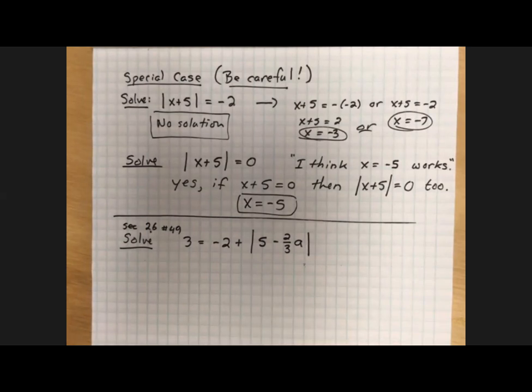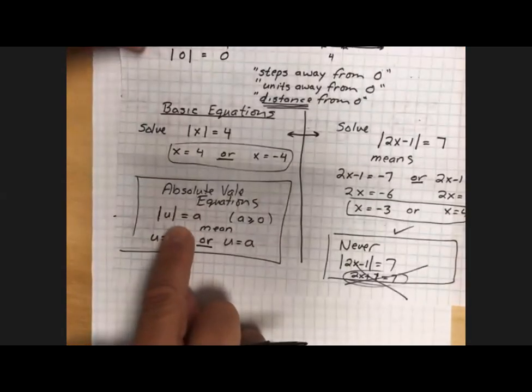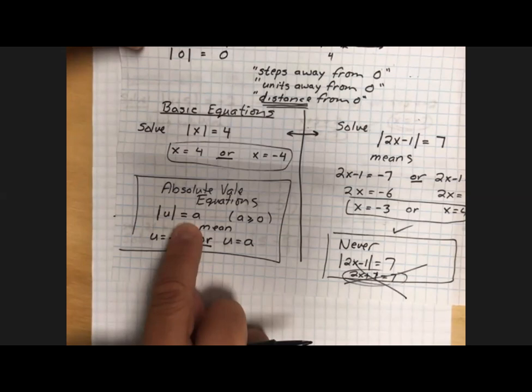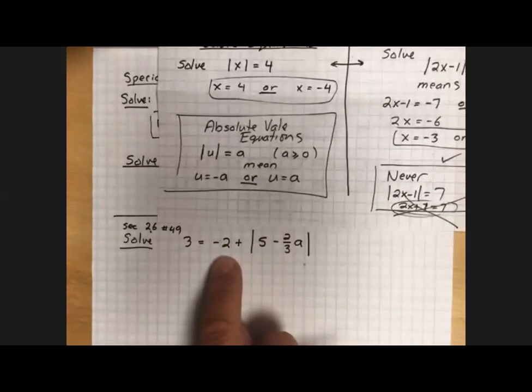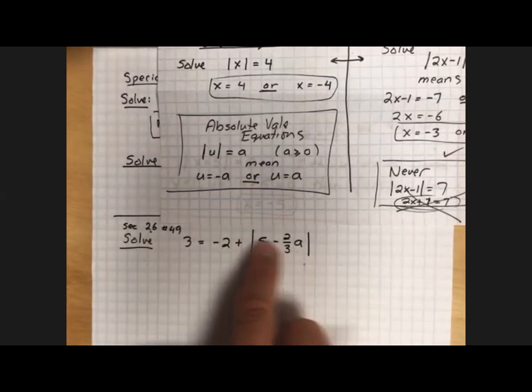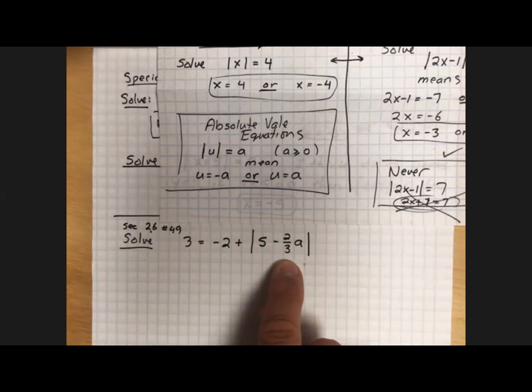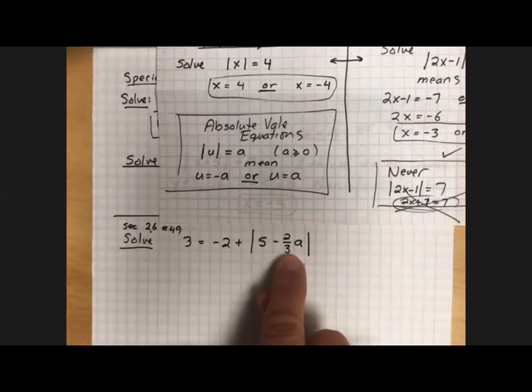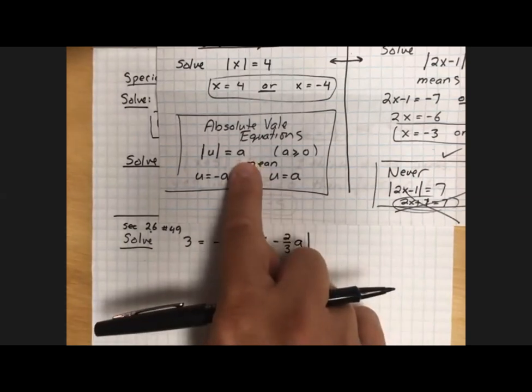This rule that I gave you right here is all you need. But before you can use this rule, it better look like this. In other words, comparing it to this problem right here, I cannot use this rule. This is not ready to use that rule. Sometimes you have to do some prep before you use the rule.